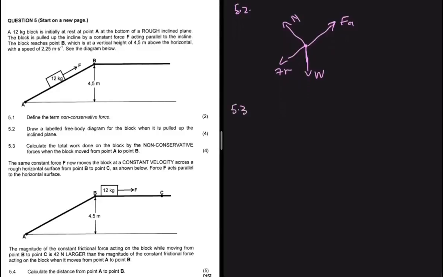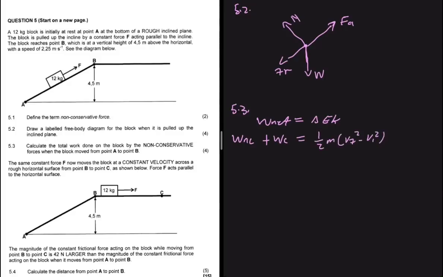5.3 is saying that we calculate the work done on the block by the non-conservative forces when the block moved from point A to B. We know fully well that work net is equal to the change in EK. But what is another way we can represent work net? Work net can be work done by non-conservative forces plus the work done by conservative forces, being equal to the change in EK, that is 1 over 2 m times VF squared minus VI squared.